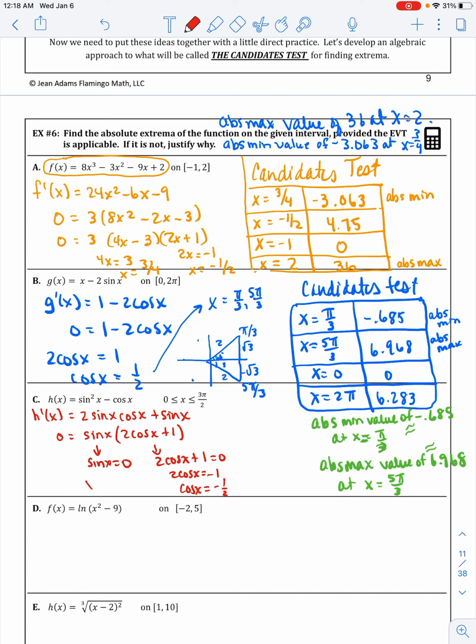Well, I know that the sine is 0 at x equals 0 and pi. Are they both in my closed interval? 0 is and pi is, right? Because we're talking about from 0 all the way around to 3 pi over 2. So 0 is here, pi is here. So yeah, they're both in there. So 0 and pi are critical numbers.